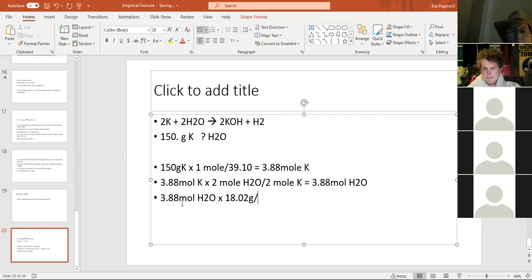We're going from moles of water to grams of water. Okay, yeah, the 1 mole on the bottom. And the nice thing about this lab, guys, is he gives you the right answers. And so I got 69.9.